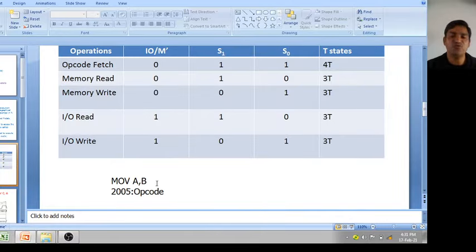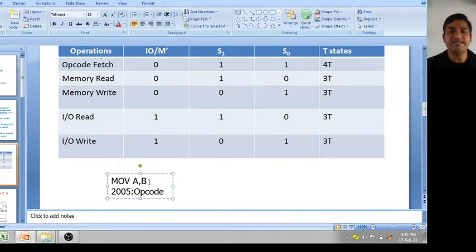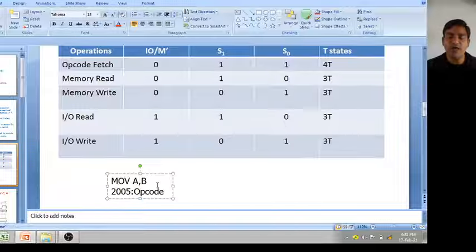Suppose you have to determine how many T states are required to execute the MOV A, B instruction. First of all you will fill the bytes in memory. Suppose the memory location is 2005, and this MOV A, B is in the 2005 memory location.